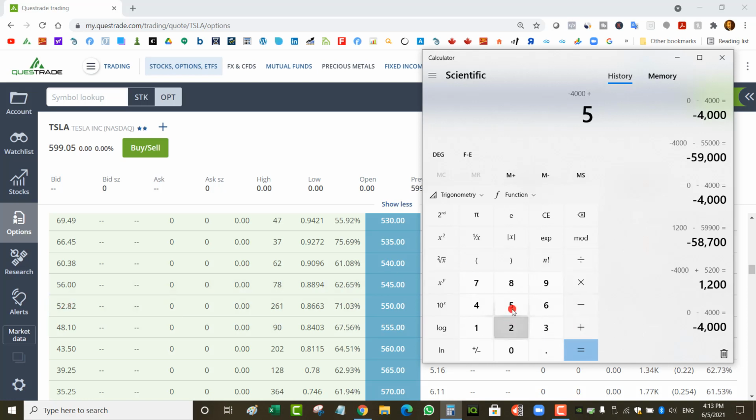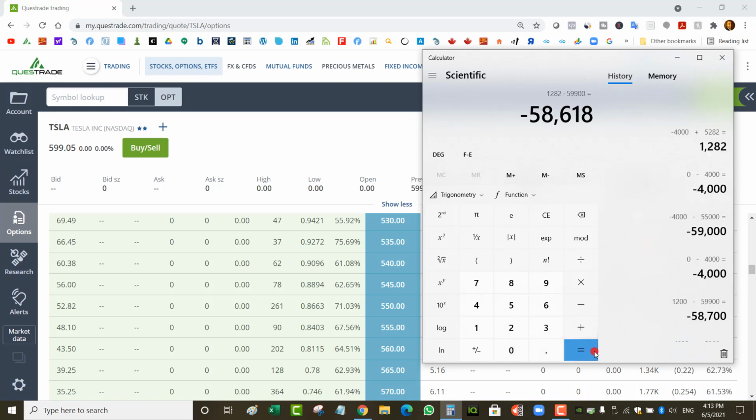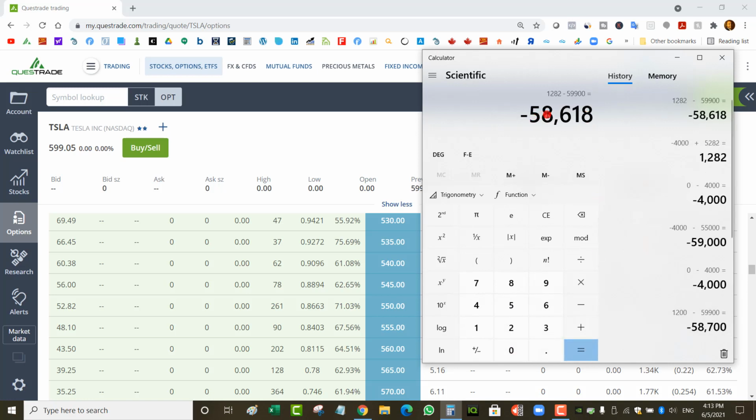So that's plus 52.82. So now I'm actually up 12.82. But then I'm going to go ahead and buy 100 shares of Tesla at the current market price. So that's minus 59,900. So now my cost is 58,618. So that means my cost per share is $586.